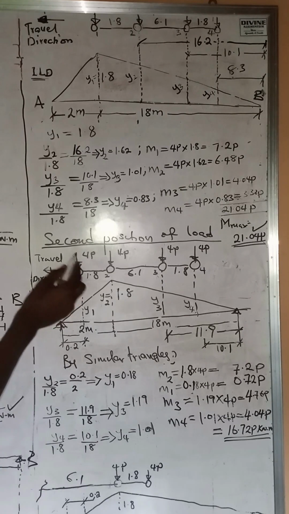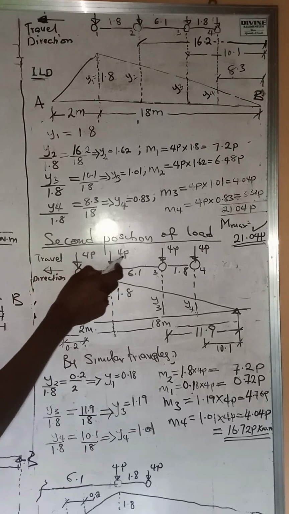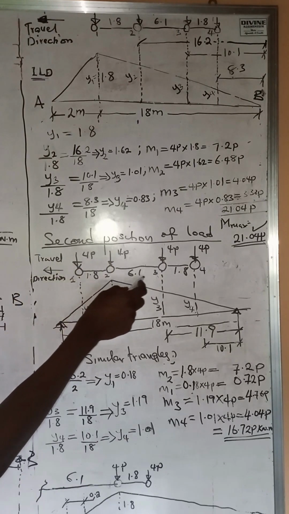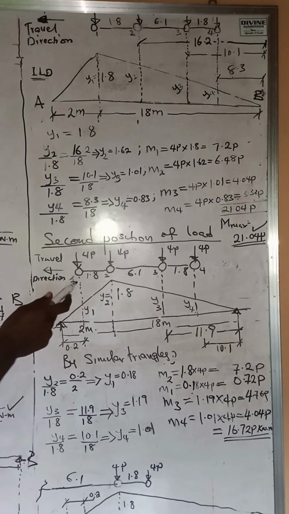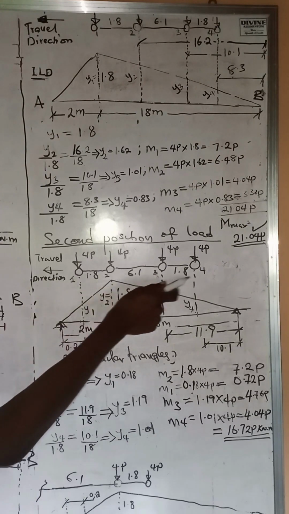Now we have the load as this. We have 4p, 4p, 4p, 4p, with spacings 1.8, 6.1, and 1.8 respectively. Now you can see the axle loads: axle 1, axle 2, axle 3, and axle 4.